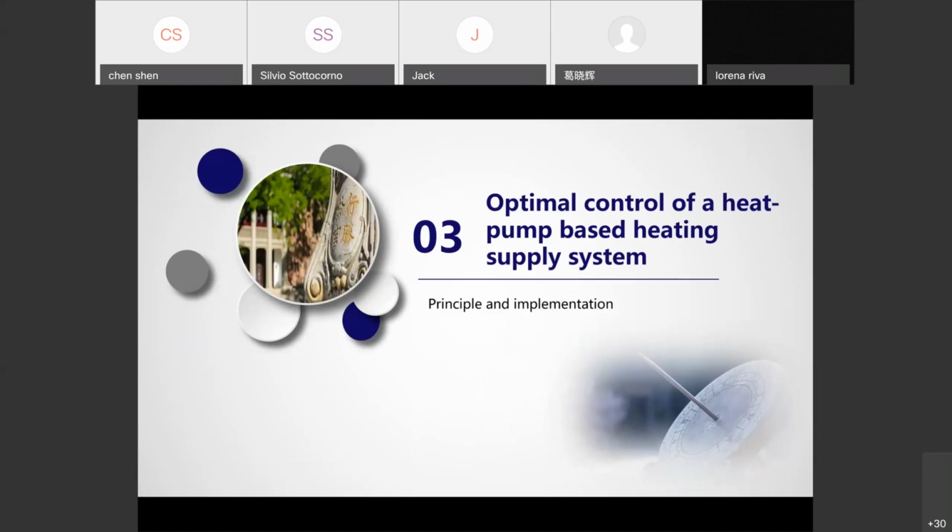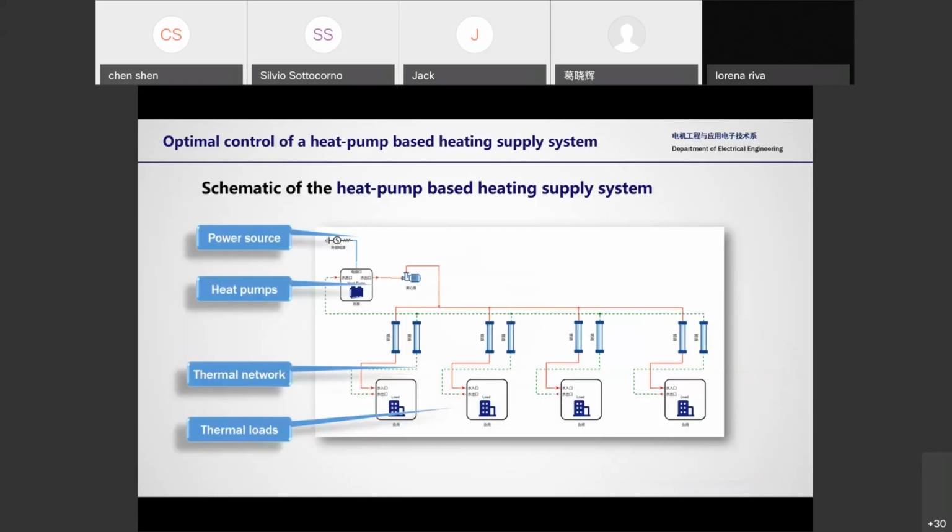Next, I'll give you the first application of the digital twin. We'll use the digital twin to do optimal control of a heat pump-based heating supply system. Okay, this is the schematic of the heat pump-based heating supply system.